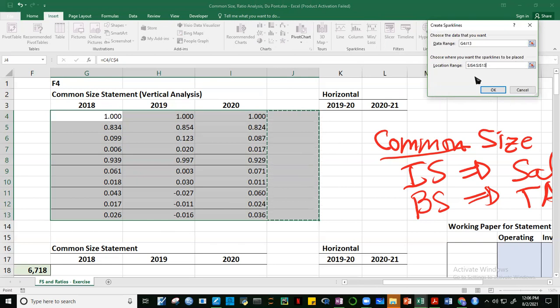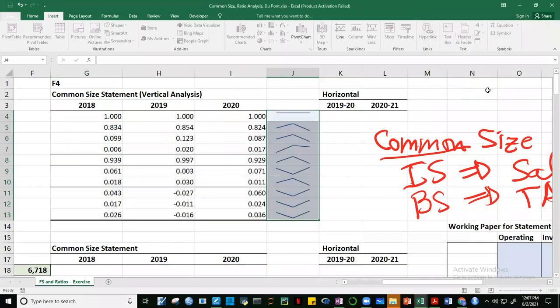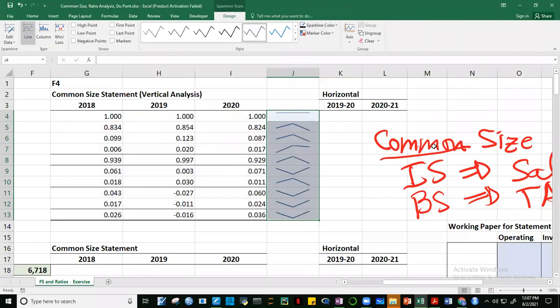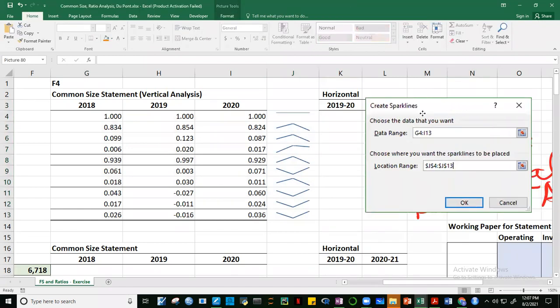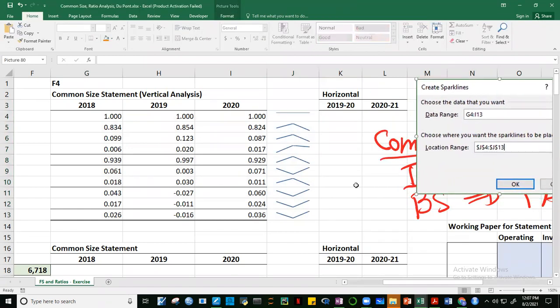Tapos yung sparkline natin, J4 up to J13. Okay, guys? Okay? Okay, then okay. Yan sparkline natin. All right. So this is our sparkline, guys.